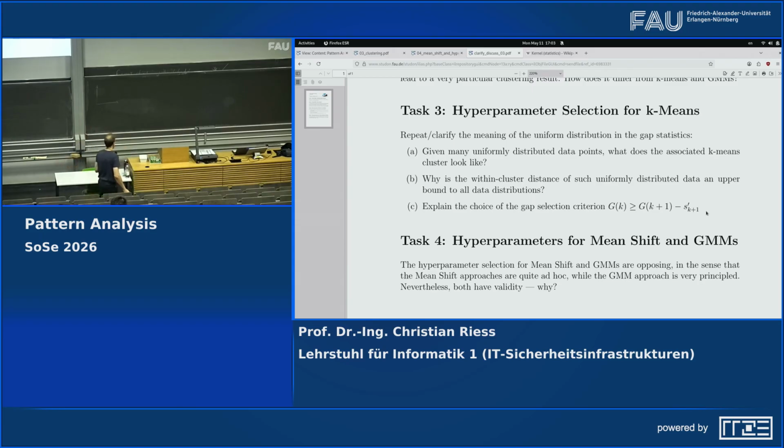Yeah, we could assume there's no structure in the data, meaning there are points everywhere. So if we want to divide this into K equals 6 clusters, what might the result look like?